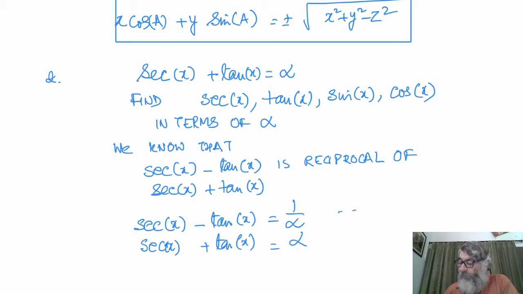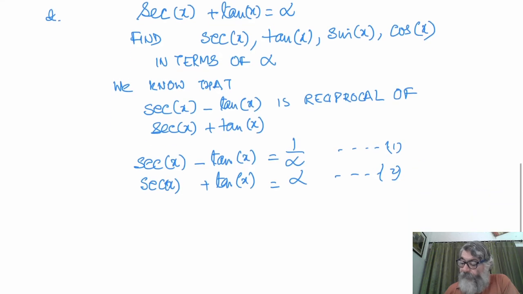So let us take equation 1 and equation 2 and add them. If I add both the equations, tan x will cancel, I'll get the value of sec x, and you want to find out sec x.